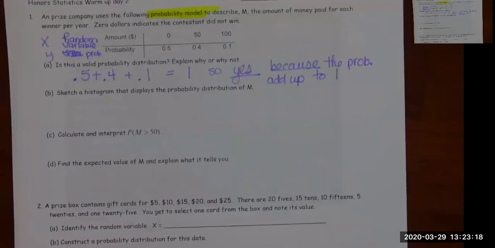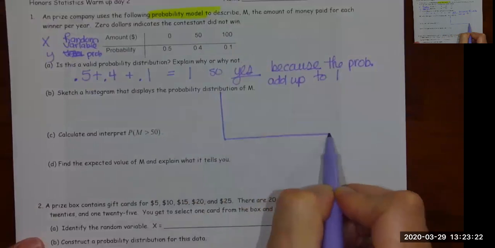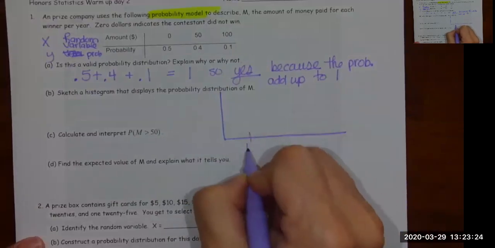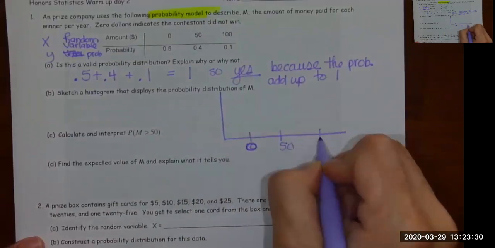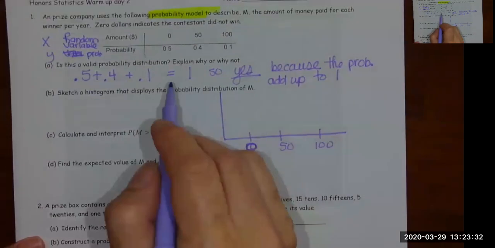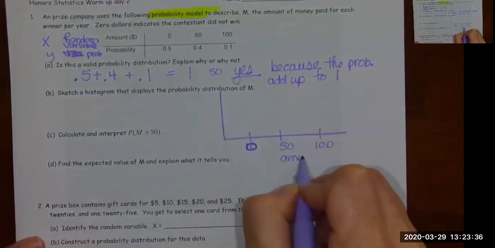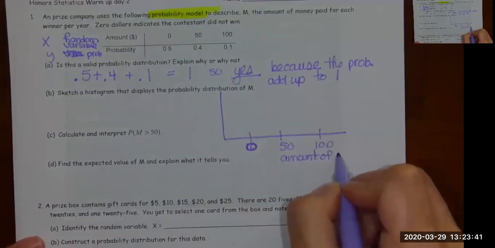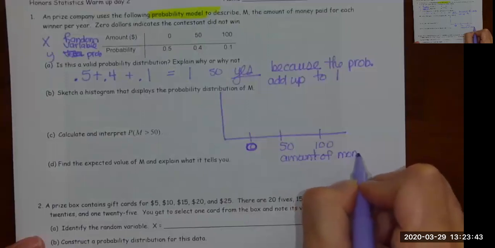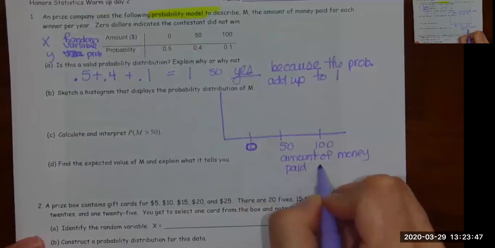Sketch a histogram. We want to be really good with our histograms by now. This takes us back to the fall, but they never go away. It's a great way to look. 0, 50, 100. And then this is the amount of money paid per winner.